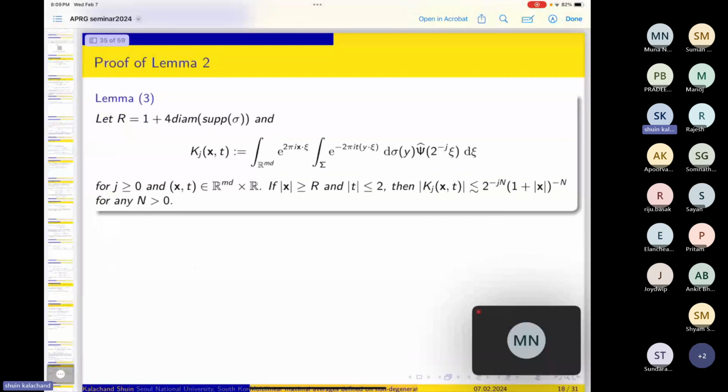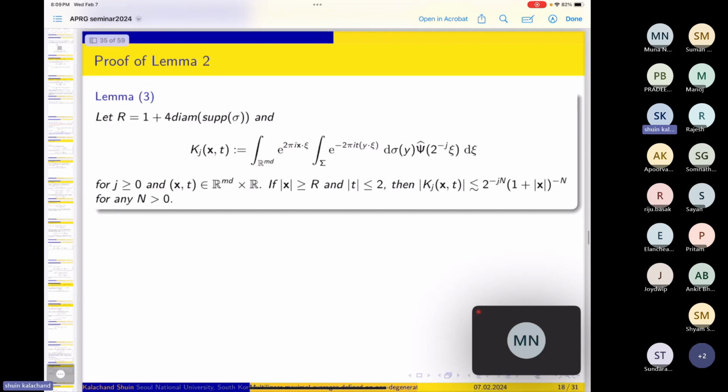Now, in order to prove Lemma 2, which was the main lemma, we need to first prove a small lemma. Let R be the number given by 1 plus 4 times the diameter of the support of sigma. Here we have assumed that sigma is contained inside the unit ball, so it is just a finite number, maybe 5 or 6.